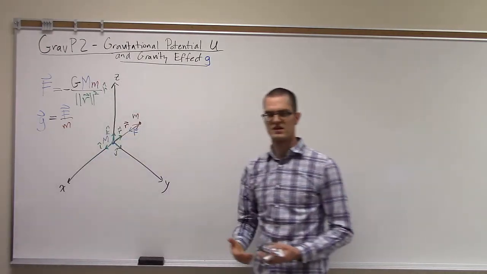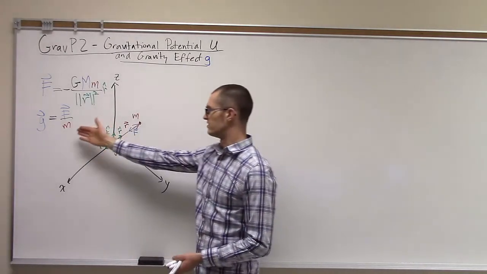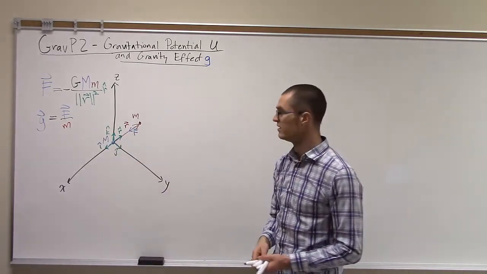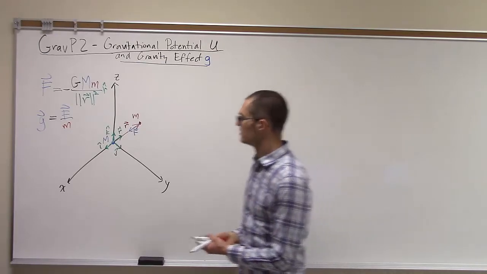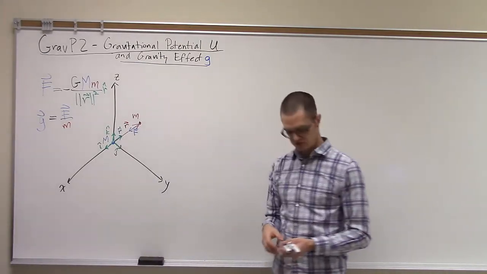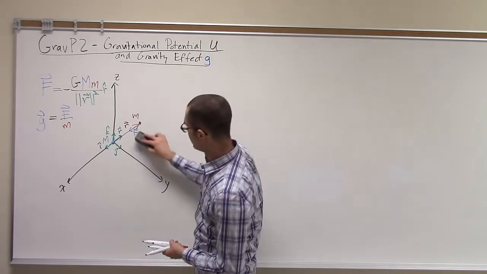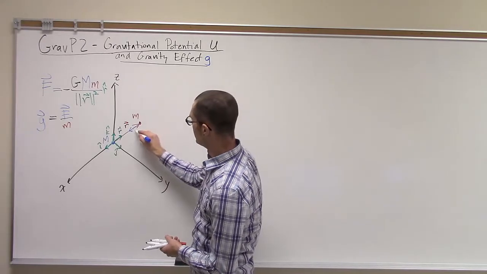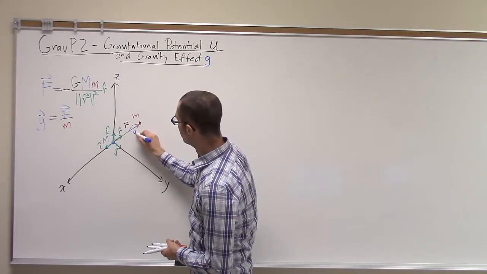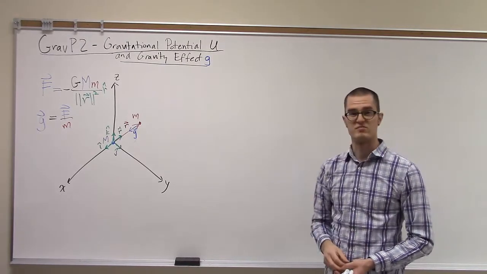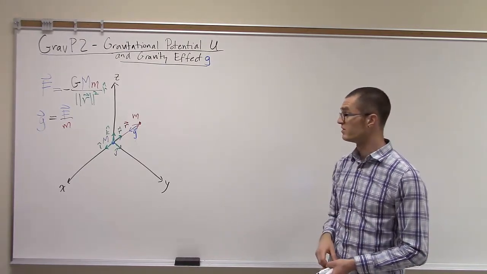And this is a constant, so this value, g, is independent of the small mass here. Okay, so that's sufficient to define g, and we can say that this vector here instead represents g. That's going to be a more useful concept for us. So we'll call that vector g, and it points back towards the origin where big M is located.